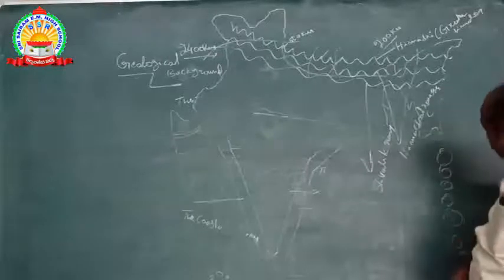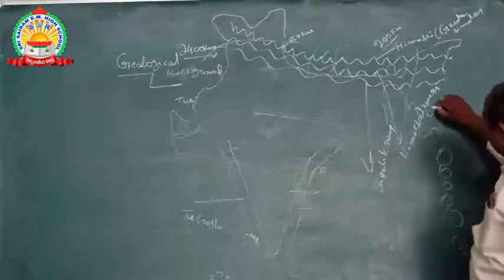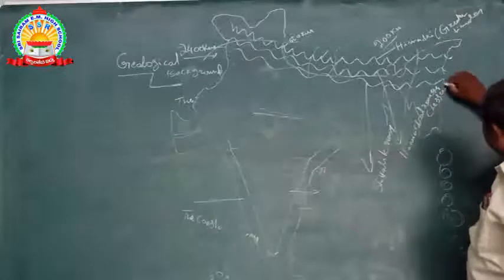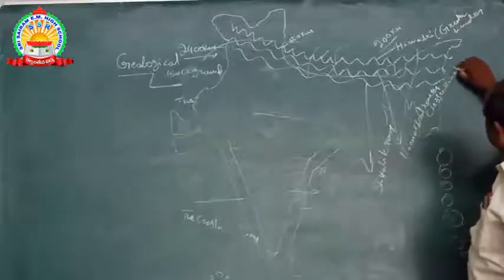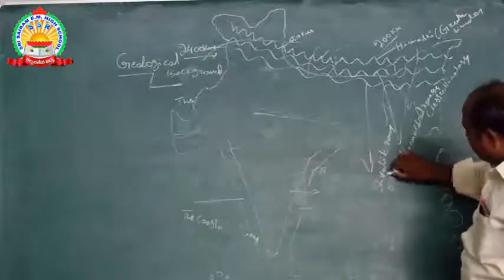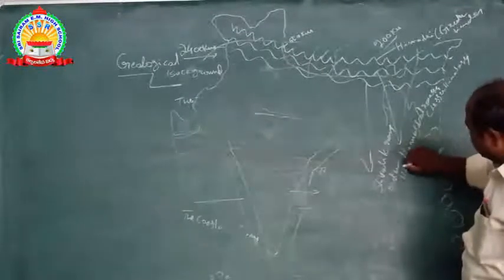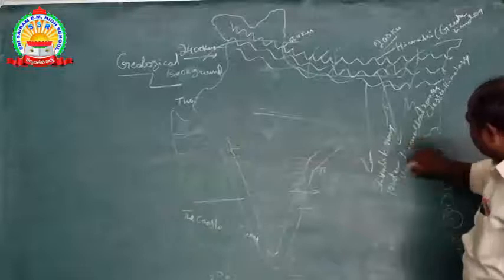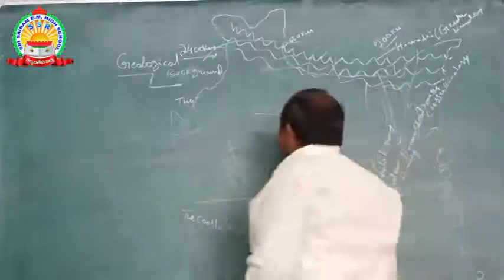Himachal ranges are known as Lesser Himalayas. Shivalik is known as Outer Himalayas. Let us discuss one by one.